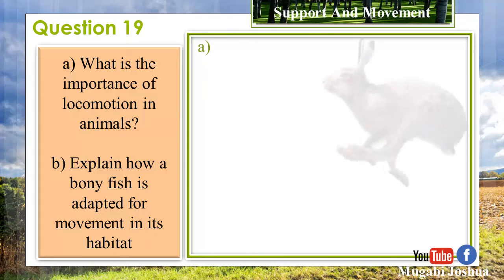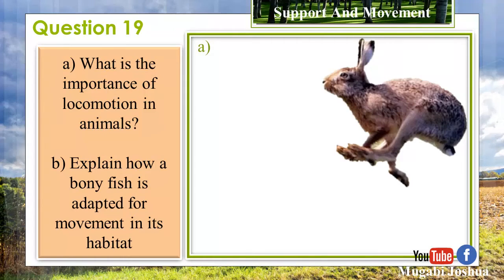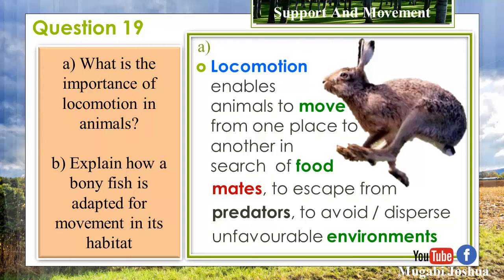Question 19, Part A. It says, what is the importance of locomotion in animals? Locomotion enables animals to move from one place to another in search of food, mates, to escape from predators, and to avoid or disperse from an unfavorable environment.